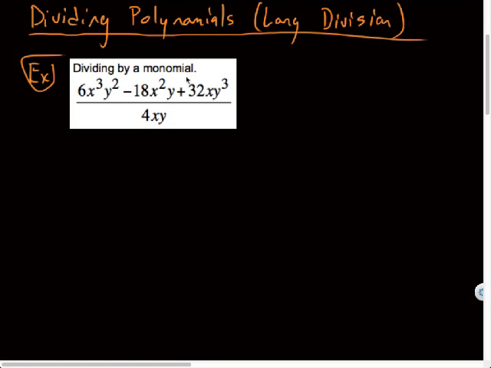So, if I'm dividing this, looks like this is a 5th degree trinomial, right? Some of the highest degree exponents, right? 5th degree trinomial divided by a quadratic monomial, right? Remember, terms are broken up by plus and or minus signs. There's no plus or minus sign down here, so this is just a single term, hence a monomial.